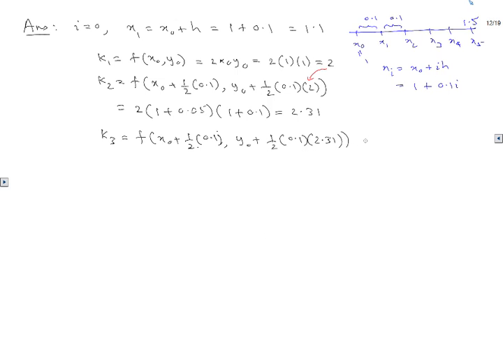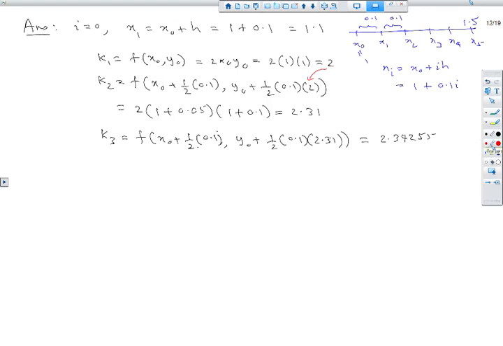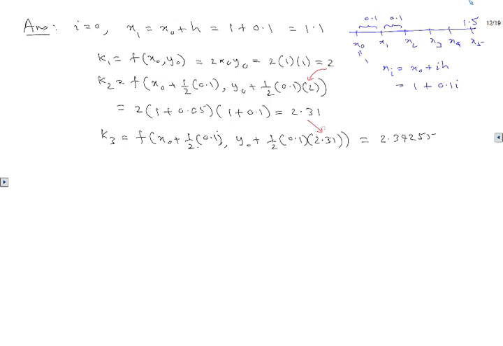And if you simplify using the formula, you end up getting 2.34255, and that's the value we get from the previous step.